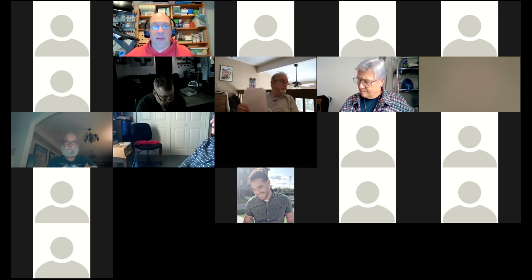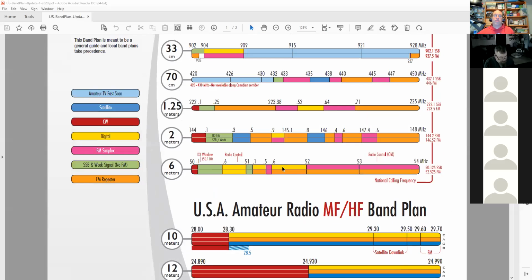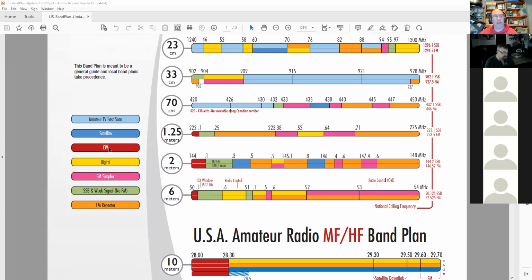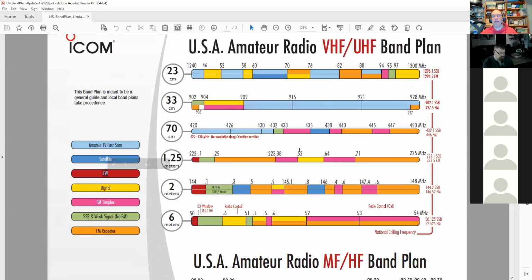Band plan. Okay, so what we're going to do, very conveniently, now that we've started talking about this, is look at this thing that says CW. Everyone see the CW? That's the red sections of every band. Actually, CW by law is allowed anywhere on any band, unless there's a specific law that says that you're not allowed to.